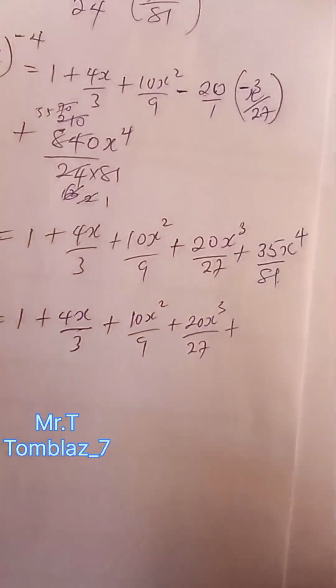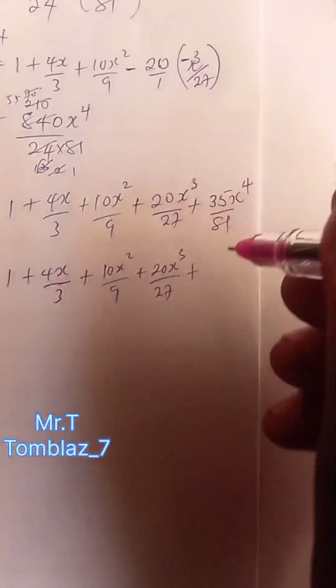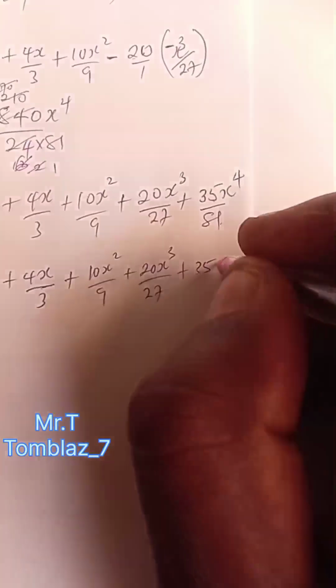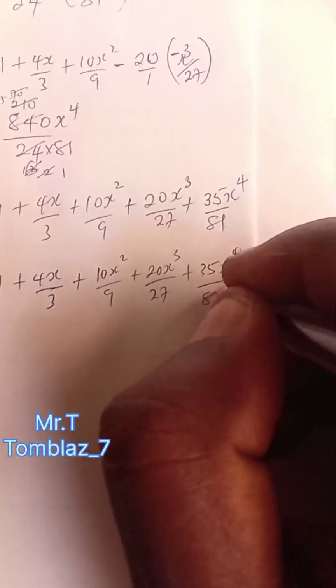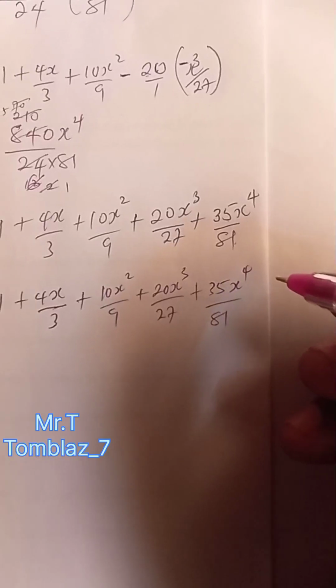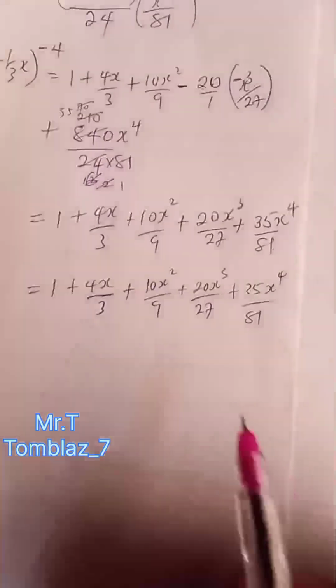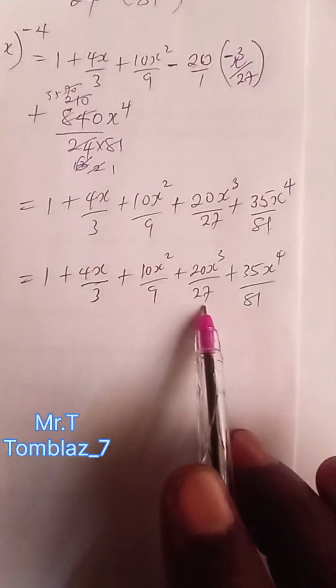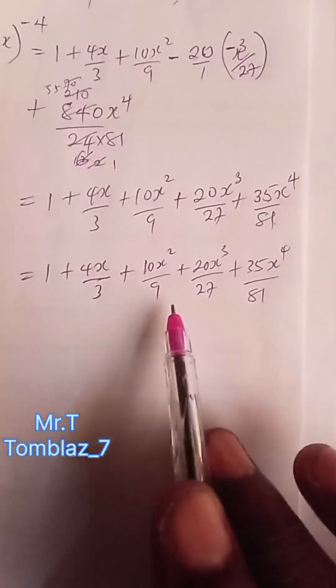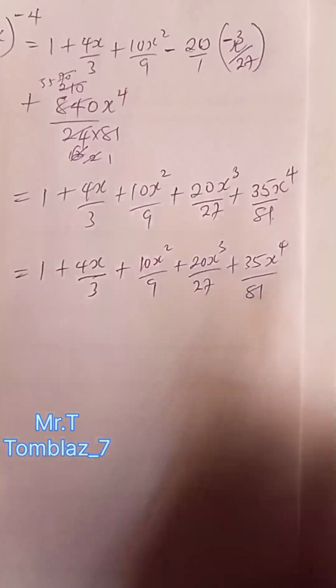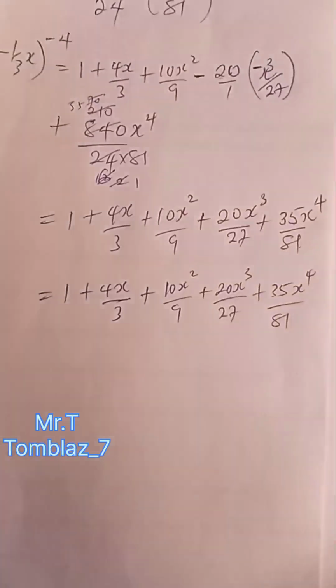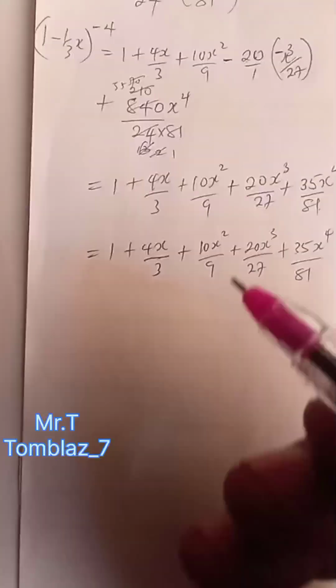There is no value that can go into this and this, right? So we're going to be just having 35x to the power of 4 all over 81, right? Now to even check that your answer is the same, look at the denominator. Can you see? 3, 9, 27 and 81, right? So that's also a pointer that your calculation is correct.